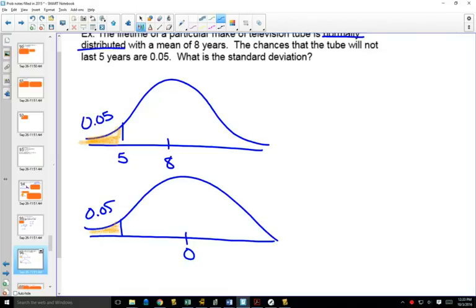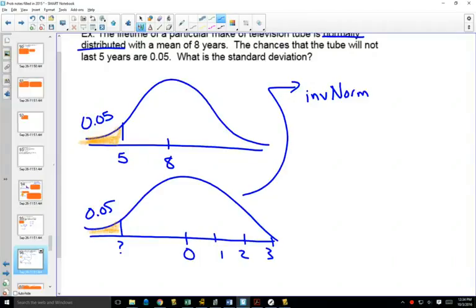In this standard normal distribution, what do I know? I know what my standard deviations are because I go up by 1, right? But I don't know the score, my Z-score, when it's a standard normal distribution. Well, using inverse norm, that finds scores if you know a percentage.